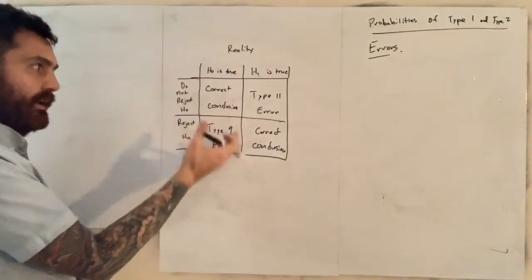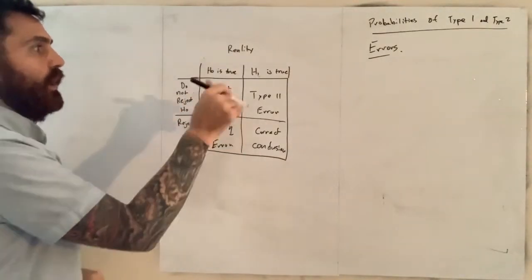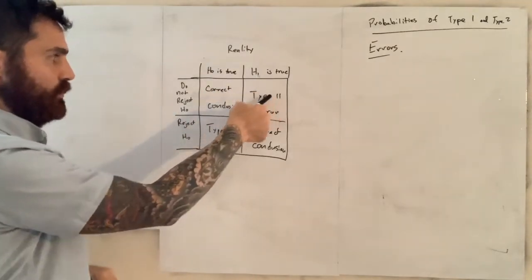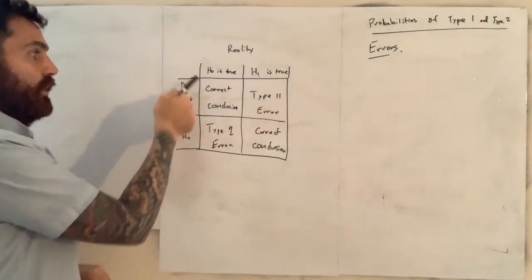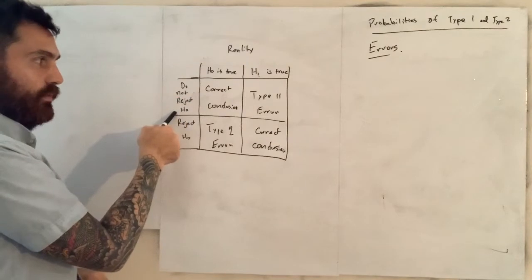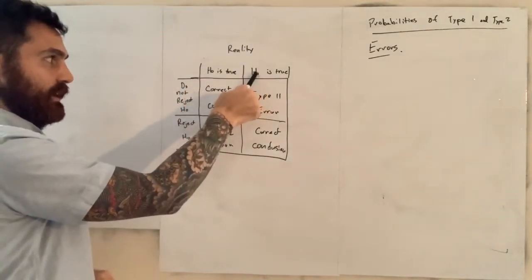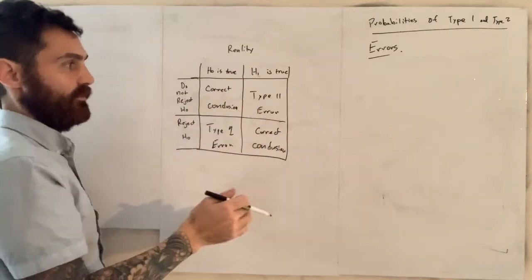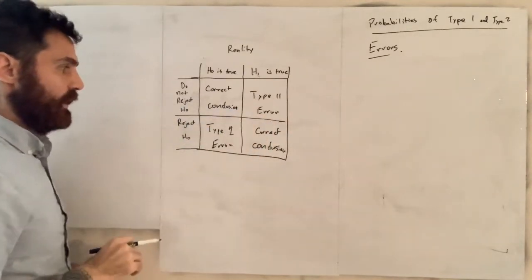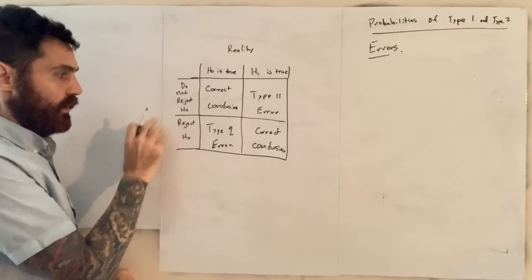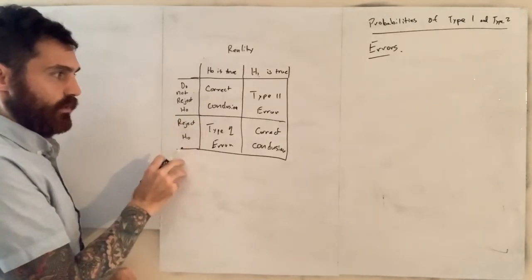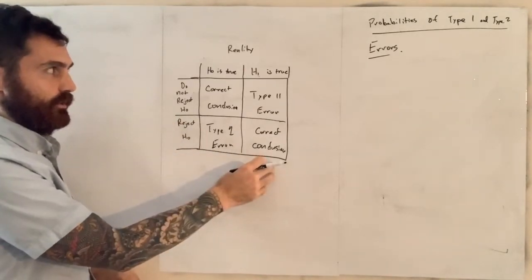So that would be an incorrect conclusion. If H1 is true, again, you can not reject H0, which is not kind of accepting H1, which would be another type of error. That's type 2 error. And you could reject H0, which would be the correct conclusion.